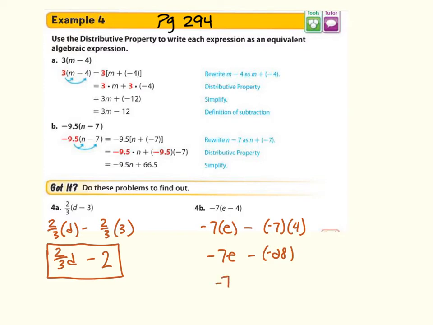Now here we're going to make this a plus 28. We're going to apply the additive inverse property because, believe it or not, this is the simplified way of writing everything. It's actually considered simpler to write it as an addition problem than subtracting a negative. Okay?